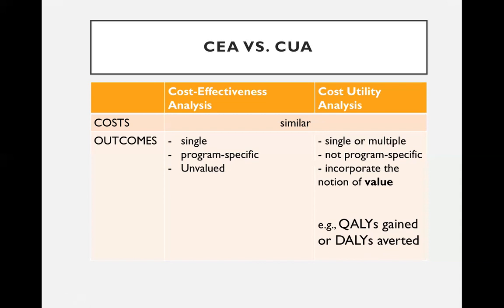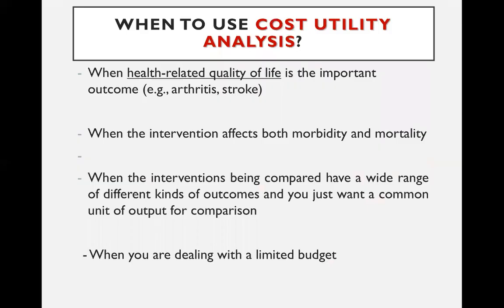So you want to avert or avoid DALYs, whereas you want to gain QALYs. So a good intervention would help you gain quality adjusted life years. Also, a good intervention will help you avert or avoid disability adjusted life years.